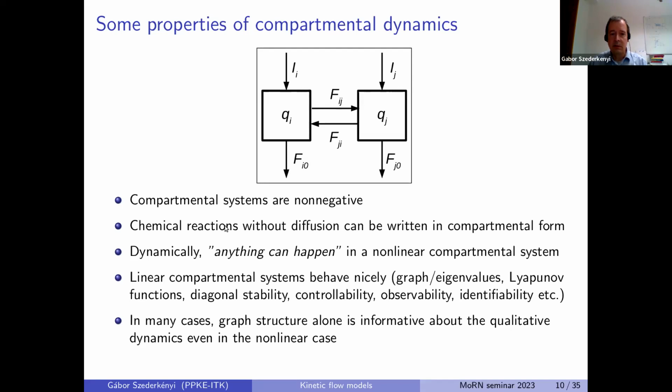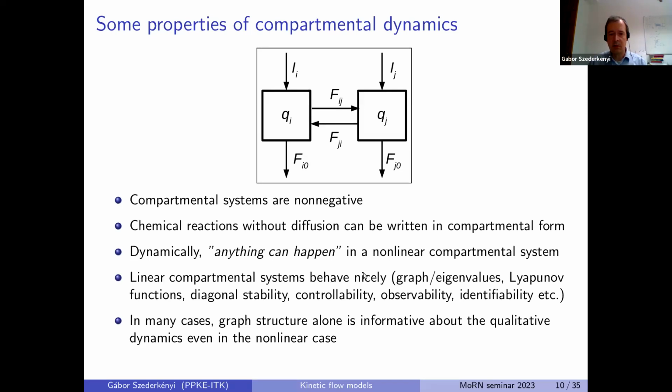We know that without diffusion, chemical reactions can be written into compartmental form. And we also know that generally anything can happen dynamically in a compartmental system, which means that it can also represent a wide range of dynamics. Linear compartmental systems are very nice.